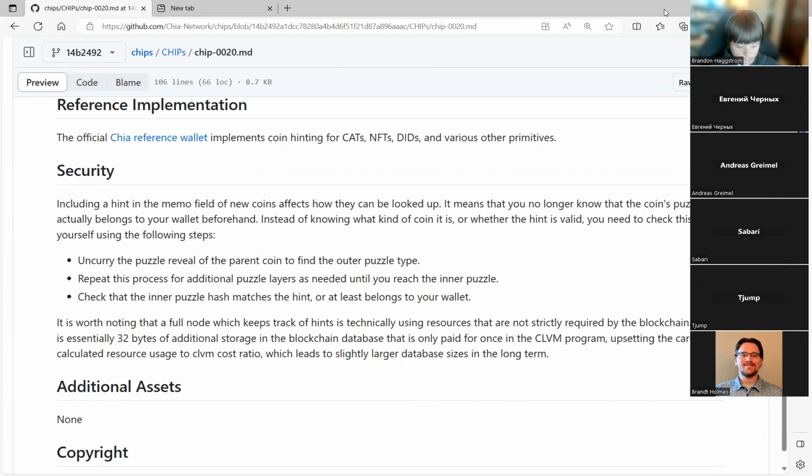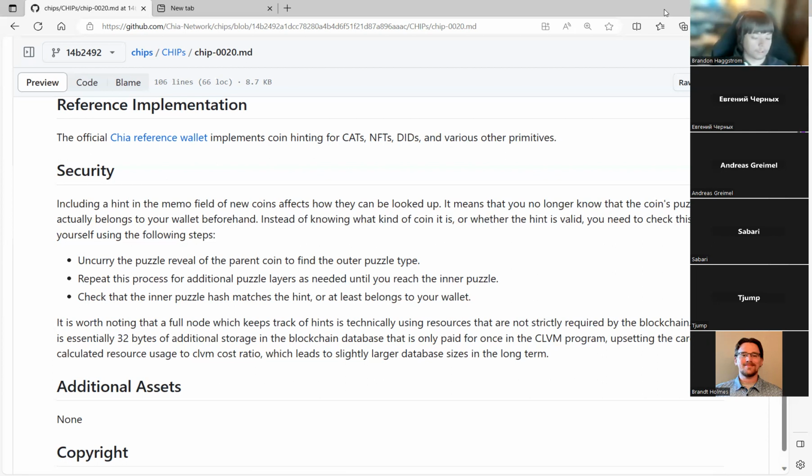Go ahead. Okay, so the question is, can we somehow DDoS some wallet by sending wrong memos, wrong hints? Could we dust some wallet? So the wallet has to handle having a lot of wrong hints potentially.